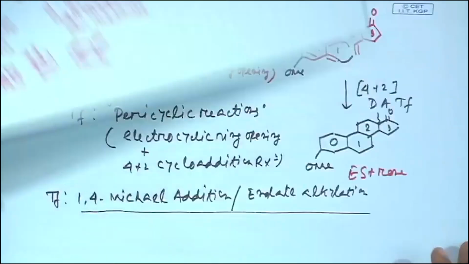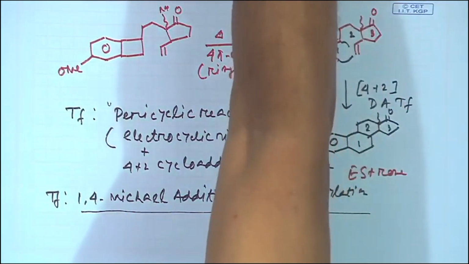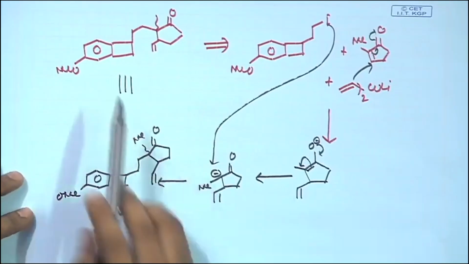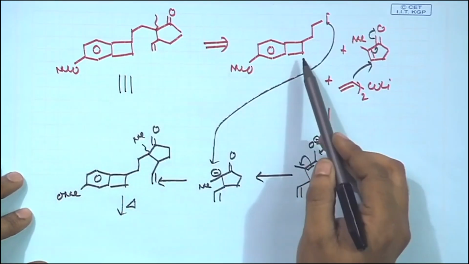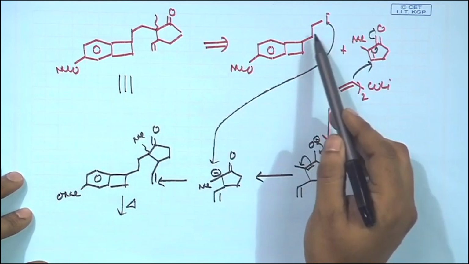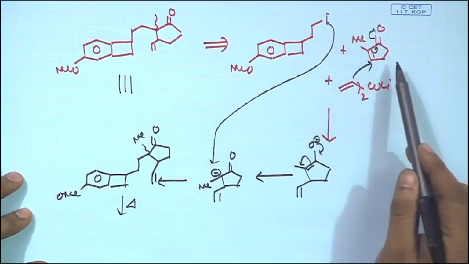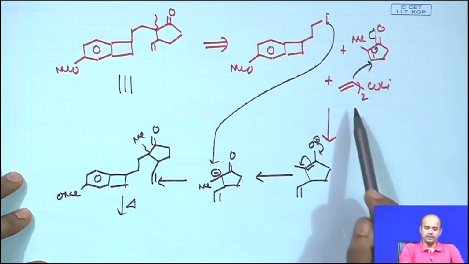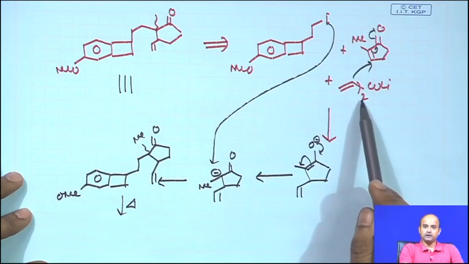Now, once this benzocyclobutane has been chosen as an intermediate, your next step is basically you think of using this as an electrophile. And the starting material is 2-methyl cyclohexenone, which is very cheap, and you react with a vinyl copper lithium, a vinyl Gilman reagent.